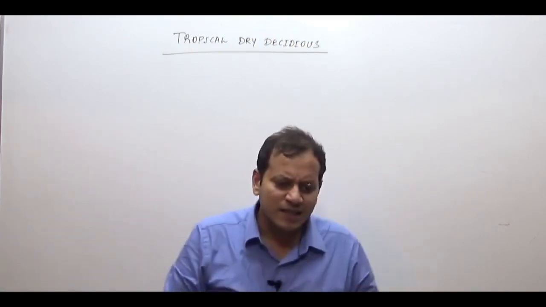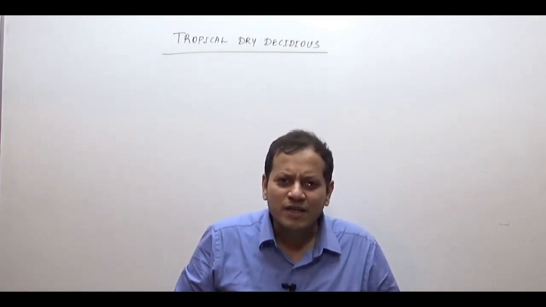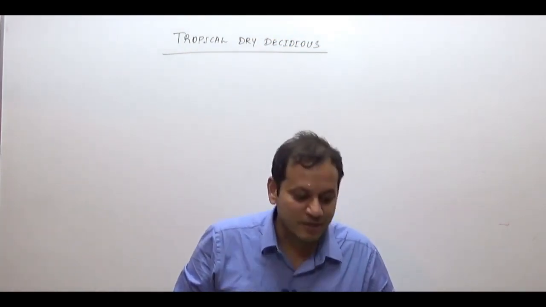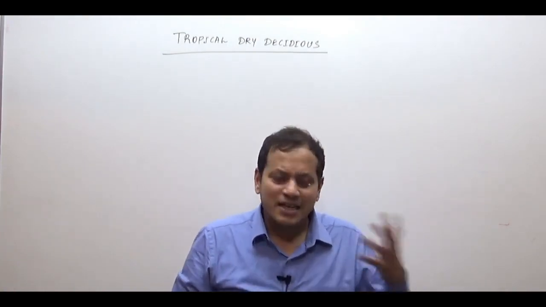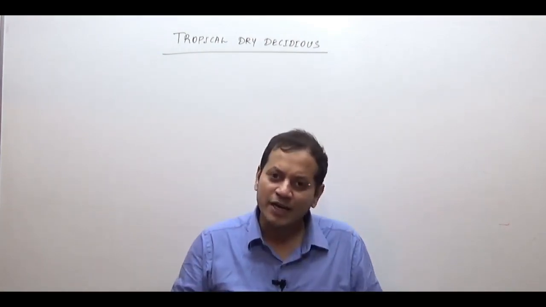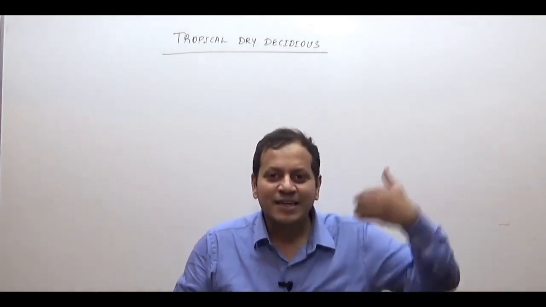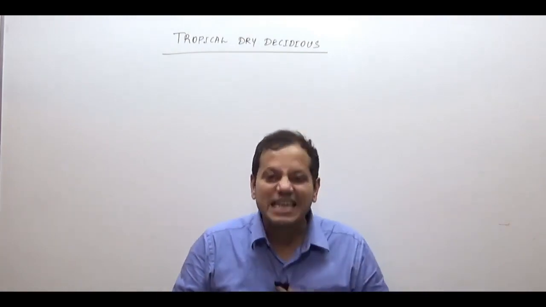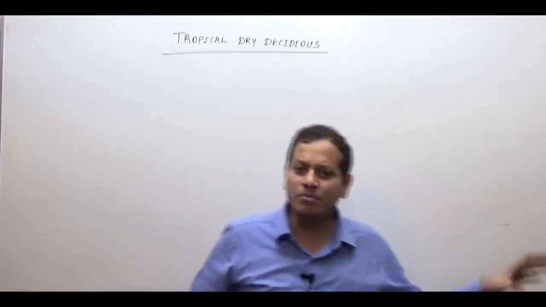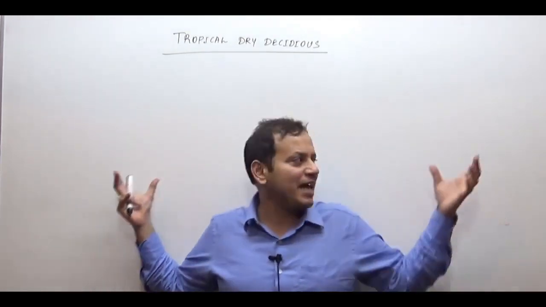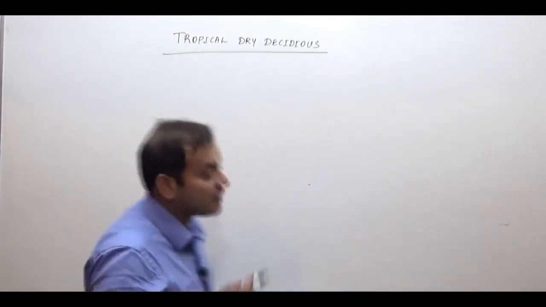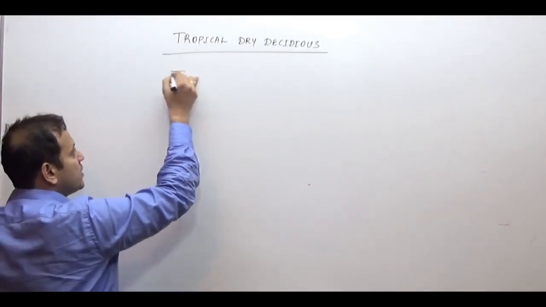We have already done that these forests are found in the regions between 70 to 100 centimeters of rainfall. That is, in the wetter margins you will find moist deciduous, in the drier areas you will find dry deciduous, and in the still drier area you will find desert vegetation. So these forests are the transition zone between the moist deciduous and the desert or scrub vegetation.